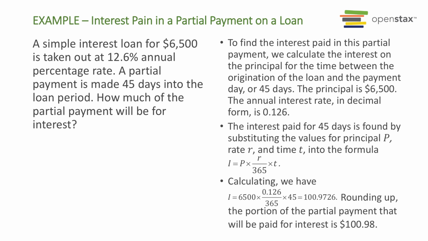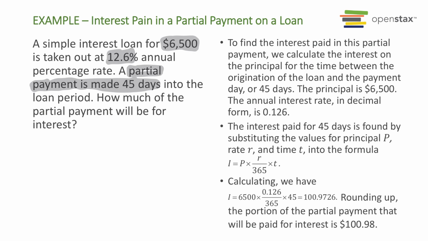So we've got a simple interest loan for $6,500. It's taken out at an APR of 12.6%, and it's going to be a short-term loan. We're going to make a partial payment at the 45-day mark. What we want to do is calculate how much the partial payment would be.